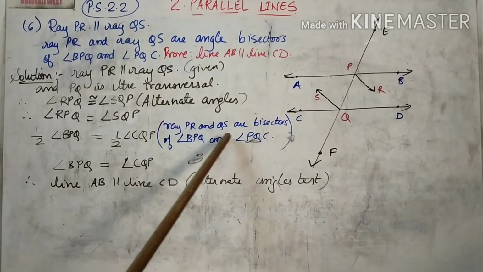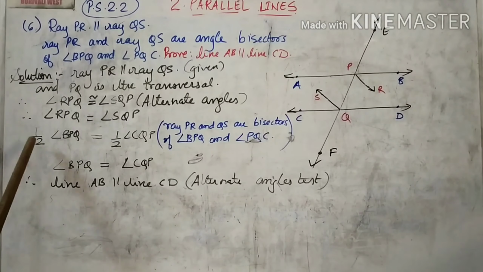So PR and QS are the bisectors of angle BPQ and PQC. In the next step, half and half gets cancelled, and since angle BPQ is congruent to angle CQP, we will say that these lines AB and CD are parallel to each other using the alternate angles test. Thank you.